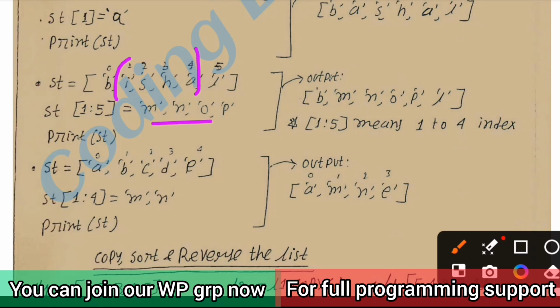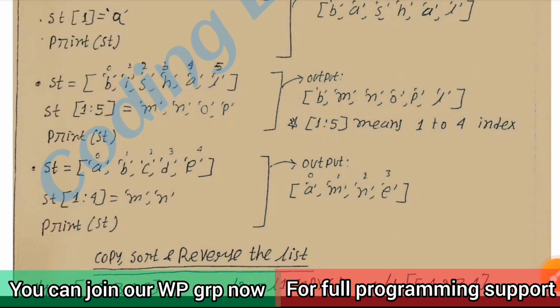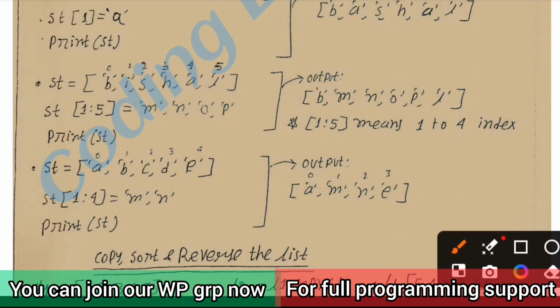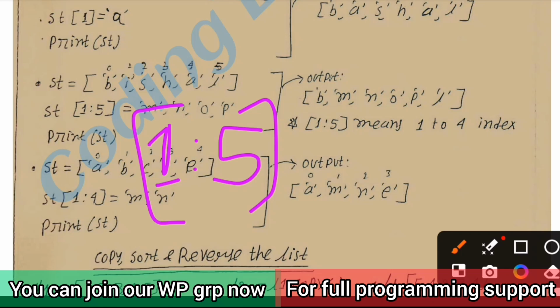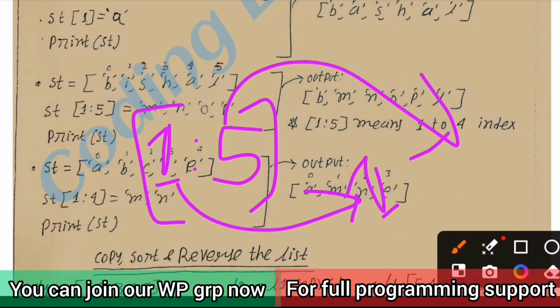Then you have to write MNOP in between, and the V and L will be the same. So 1:5 means 1 to 4 index will be replaced. 1:5 means it starts from 1 index, but this 5 is 5 minus 1, that is 4, till 4 index.